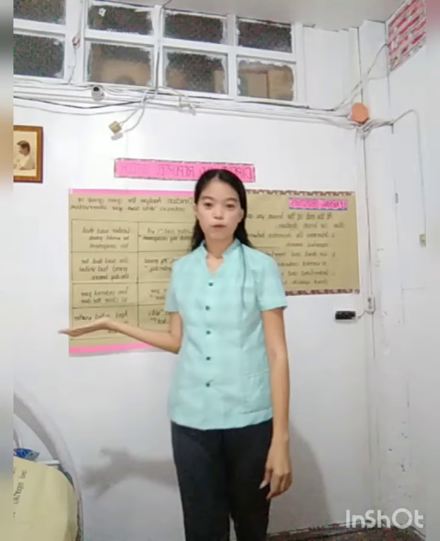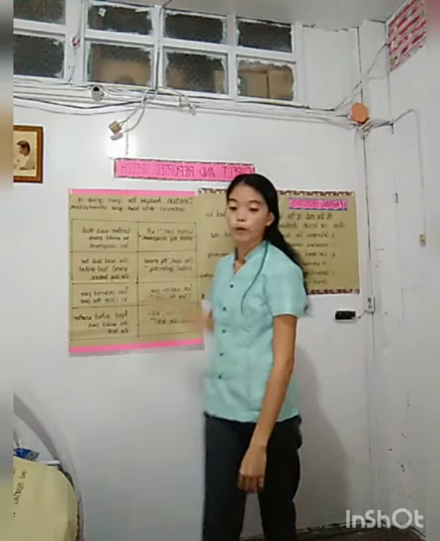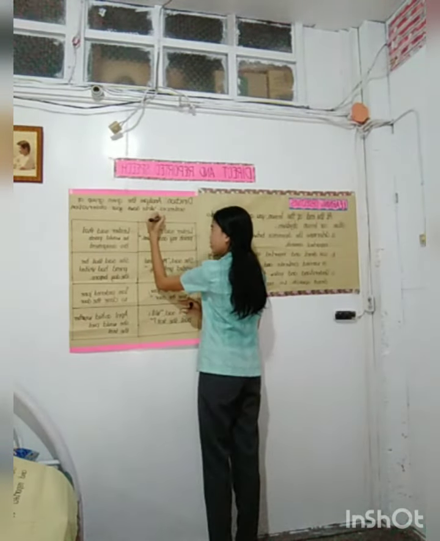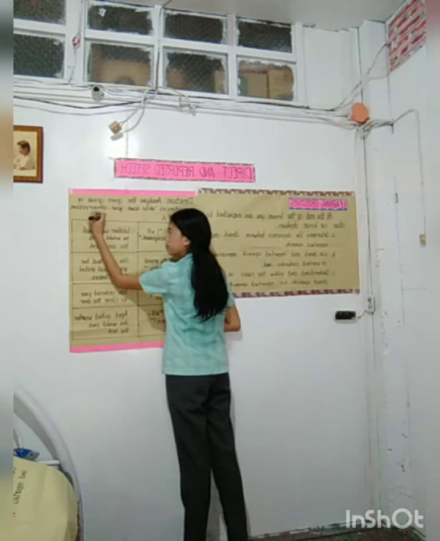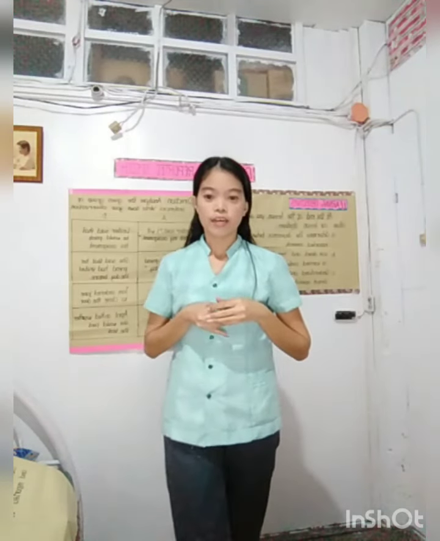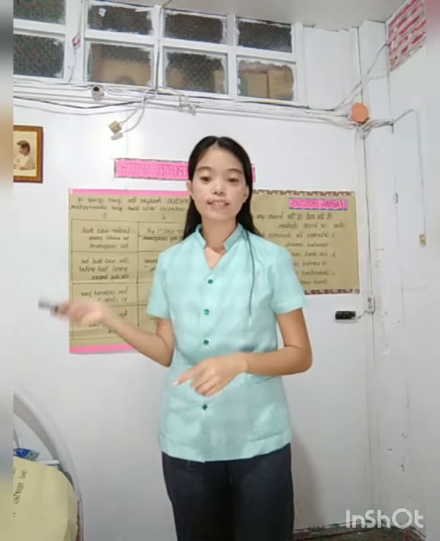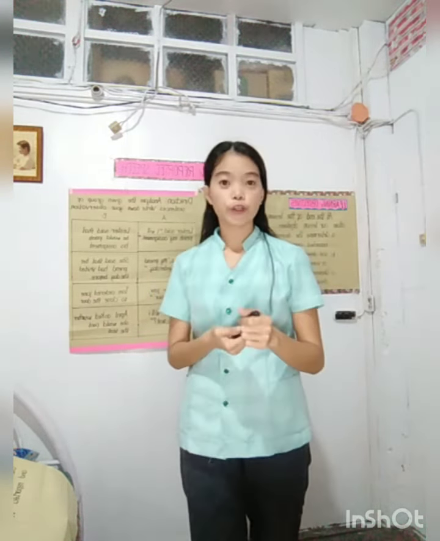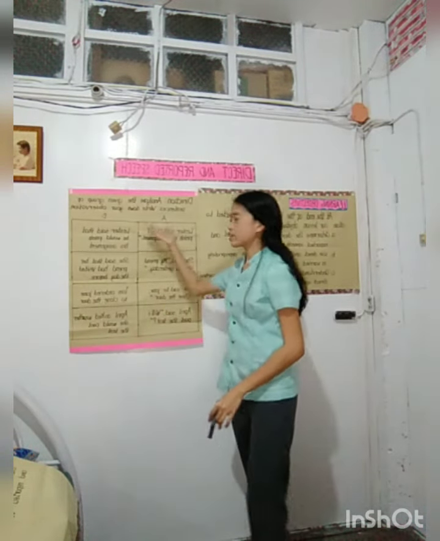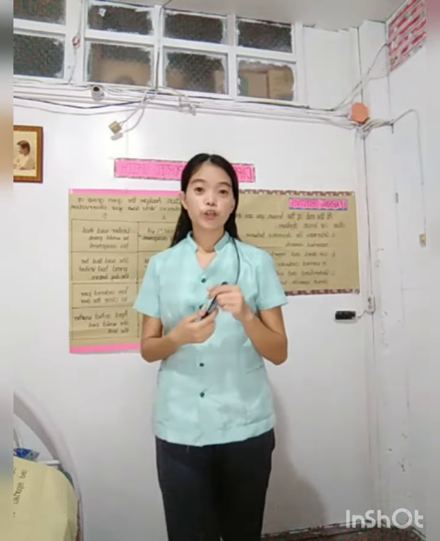I have here a table, and what I want you to do is to analyze the given groups, group A and group B. So again, analyze the given group of sentences and write down your observation on your paper.